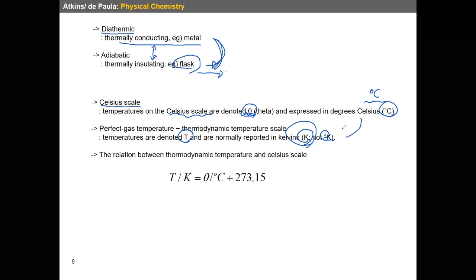And so the relation between the thermodynamic temperature and the Celsius scale: if we want to convert the Celsius scale to the Kelvin scale, then you can simply add 273.15 to get the temperature.